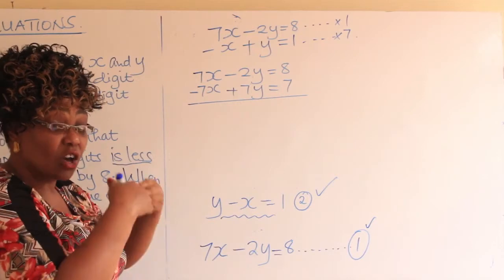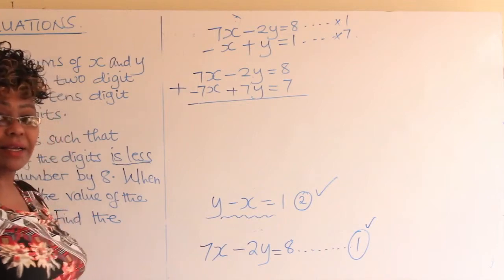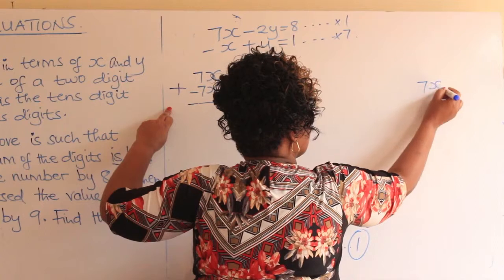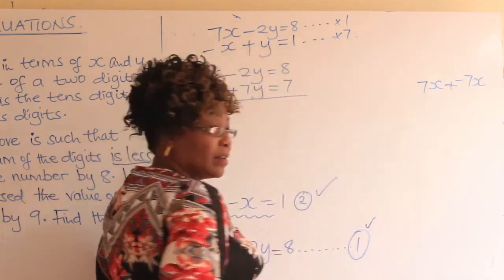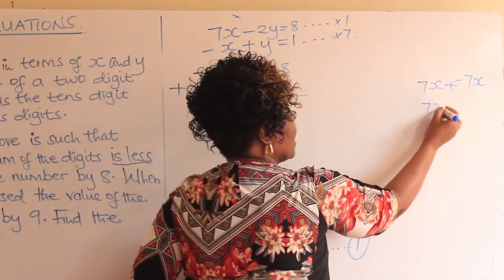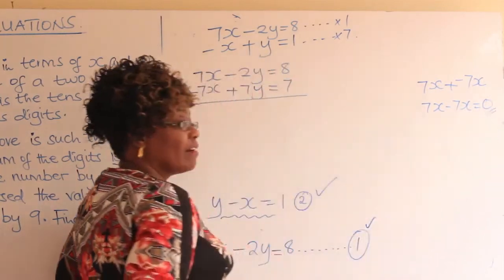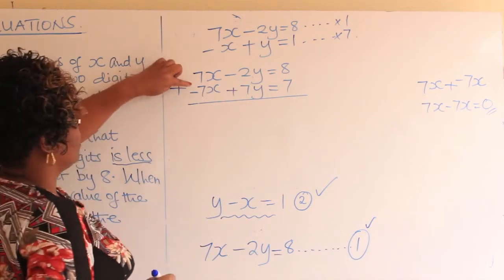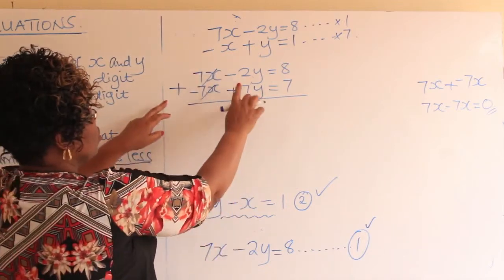To do away with the x, you add. 7x plus minus 7x gives 7x minus 7x, which is 0. You will have eliminated your x.